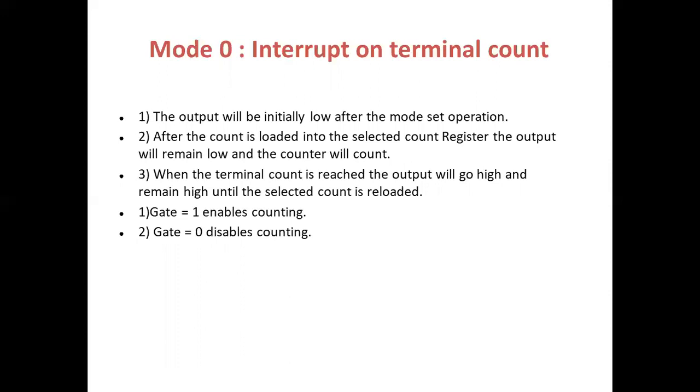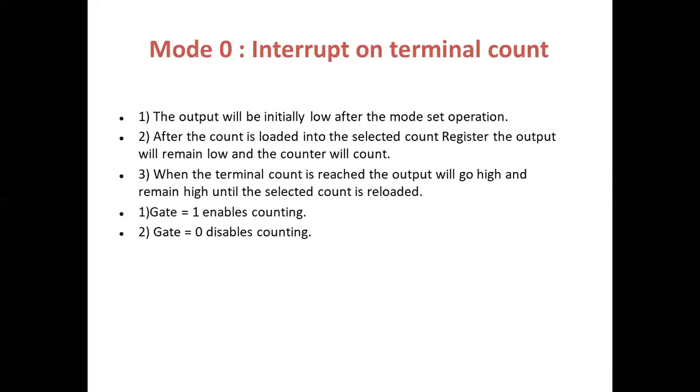In mode 0 operation, the output of the counter becomes initially low after mode is set. After mode set operation, the selected counter must be loaded by desired count value n. In this mode of operation, gate is kept high.